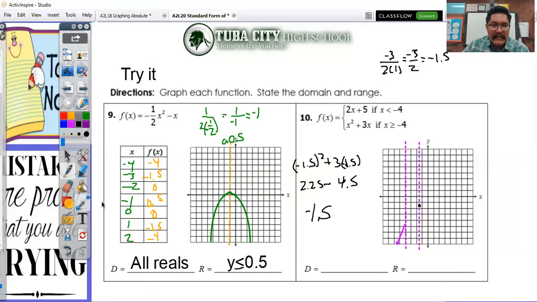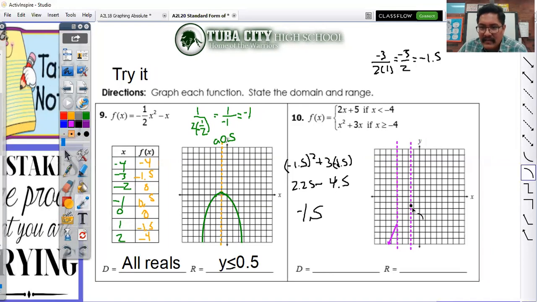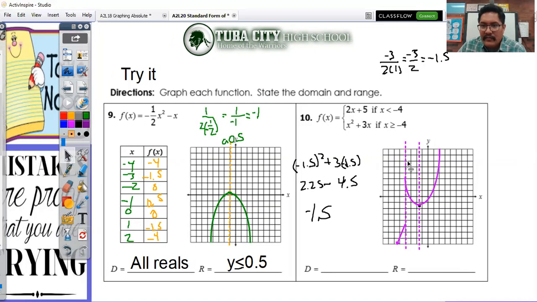So it's going to look like this, and in this case, I'm just going to draw a parabola going, the normal everyday looking thing. But this one's going to end right there, okay? So that line is there to remind me that this is where it ends. So it's going to look something like that. We only have one more thing to do for the graph, and that is to use open or hollow circles to cap them off with.